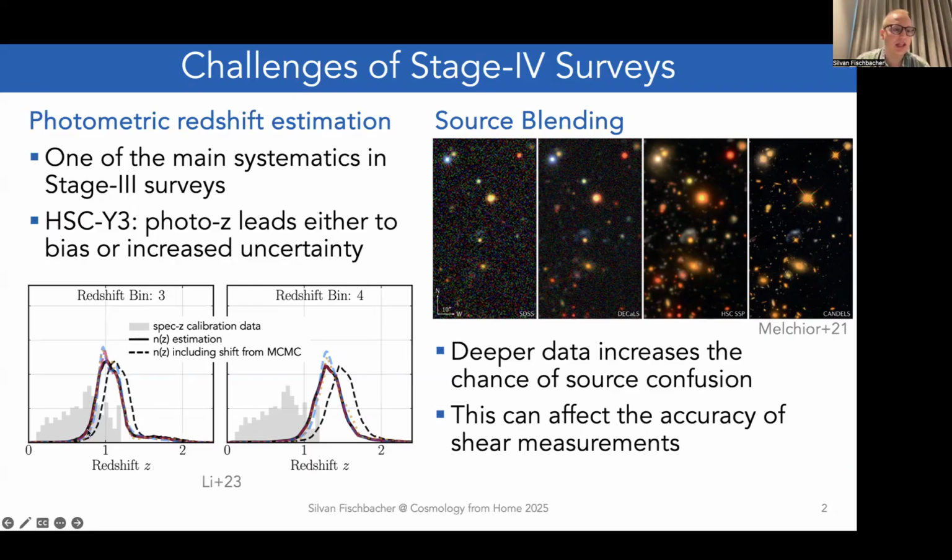We further see in the solid lines their fiducial photometric redshift distribution. And then in the dashed line, we see how much this distribution was shifted after introducing uninformative priors in the Bayesian analysis. And you see that this shift from the solid to the dashed line is actually quite significant.